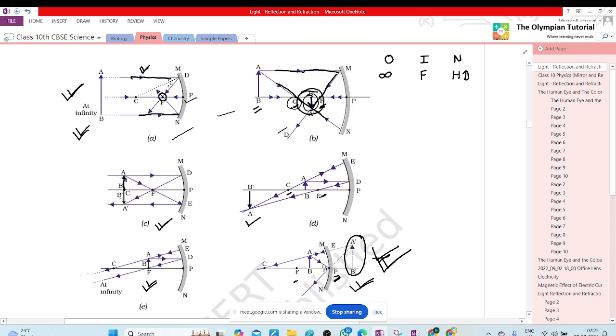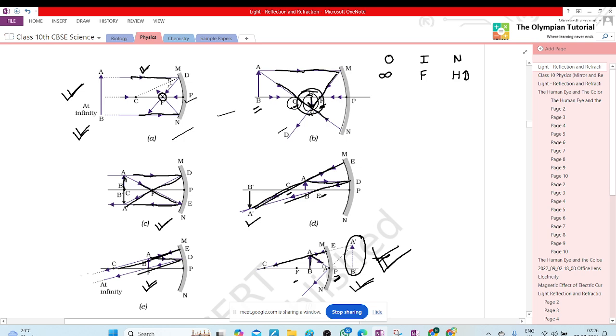Then here rays are coming, going like this. Center of curvature going at the same path and going like this, going to the focus, focus and center of curvature same. You have to learn all these rays.